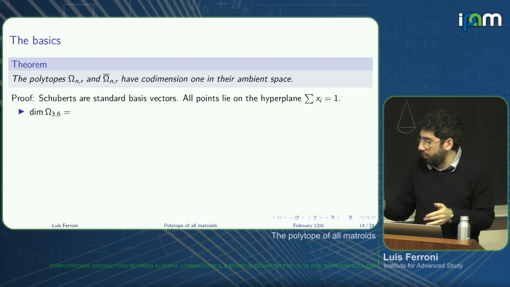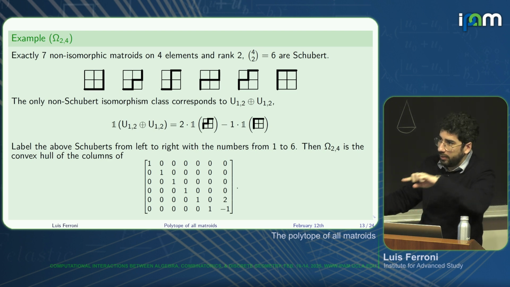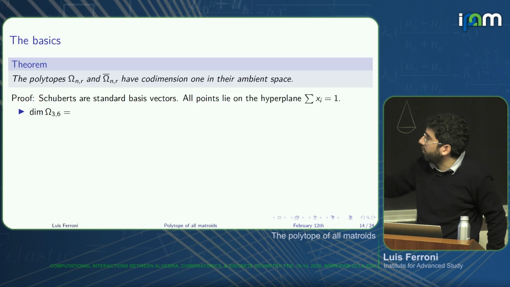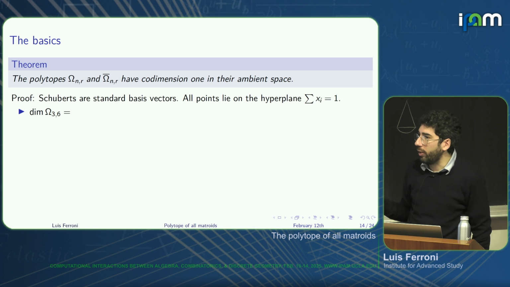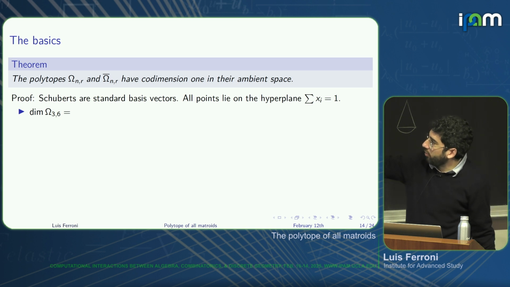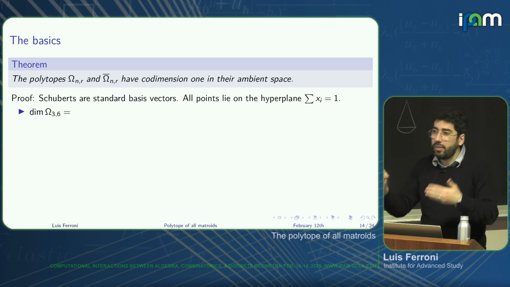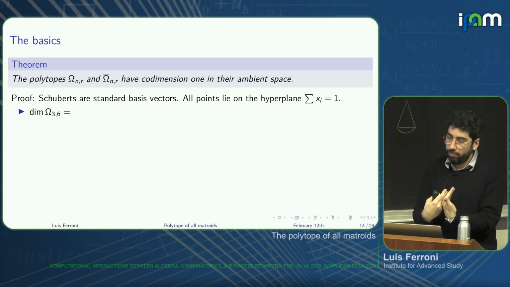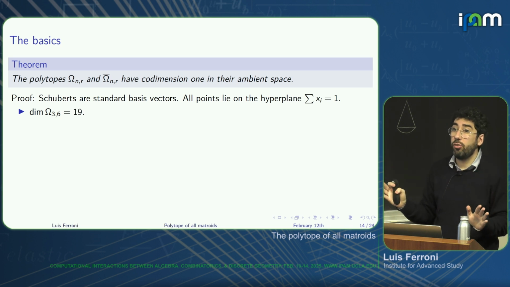And you can show that because all these Schuberts are essentially linearly independent, you will always have at least dimension of the space minus 1. Now, you can tell me with this reasoning what's the dimension of omega 3, 6. There are 6 choose 3 Schubert matroids, and I am losing 1 dimension, so I have 20 minus 1, so dimension 19.